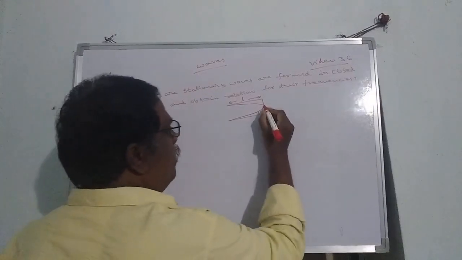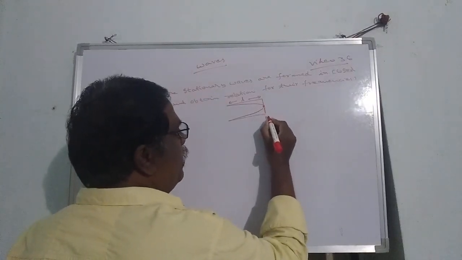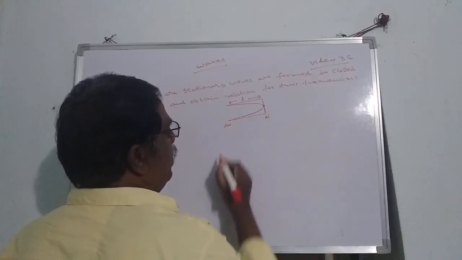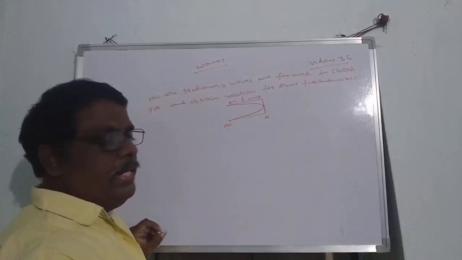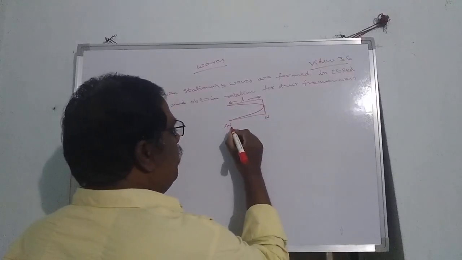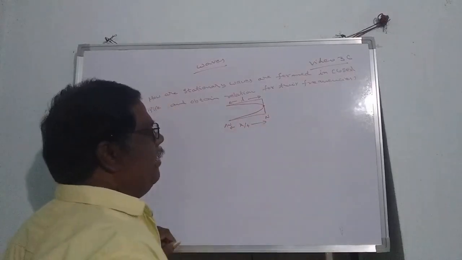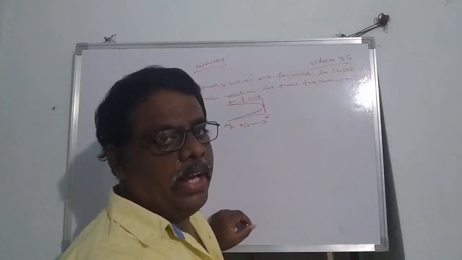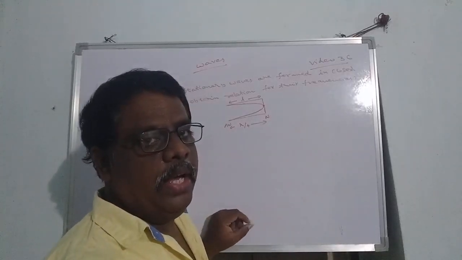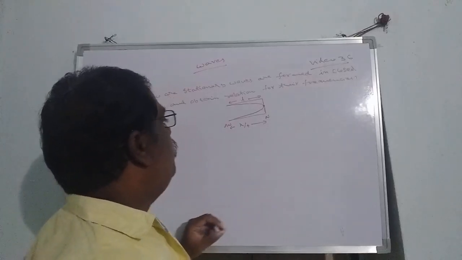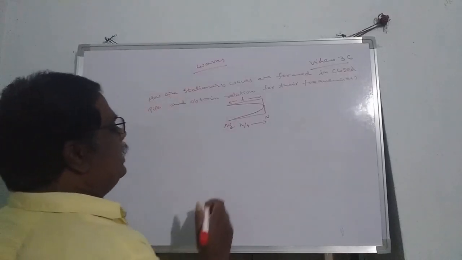A node is formed at the closed end and an antinode will always be formed at the open end. We know that the distance between a node and an antinode is always lambda by 4, where lambda is the wavelength. That means the length of the organ pipe is one-fourth of the length of the wave. So how do you calculate the frequency?